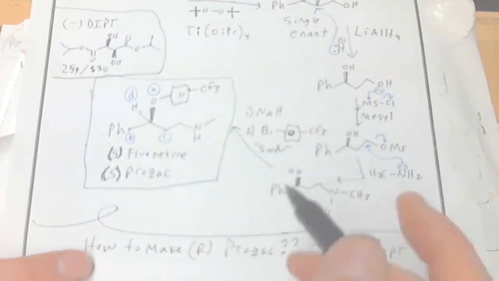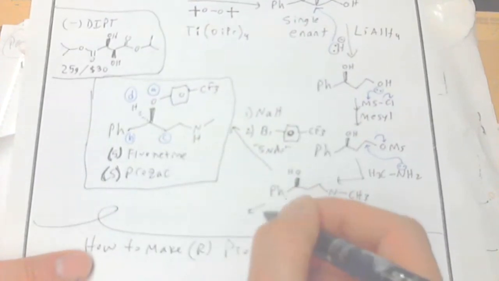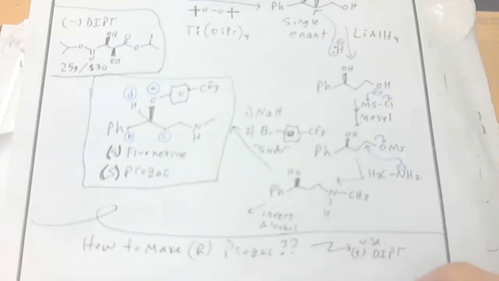All right, so then the big question is, now we can make S Prozac, but can we make R Prozac? There is one more way you could do it potentially. You use plus DIPT, but I could also imagine I could invert the alcohol if I wanted to.